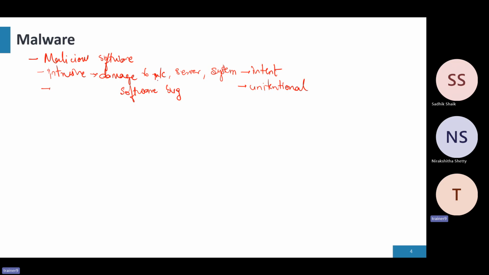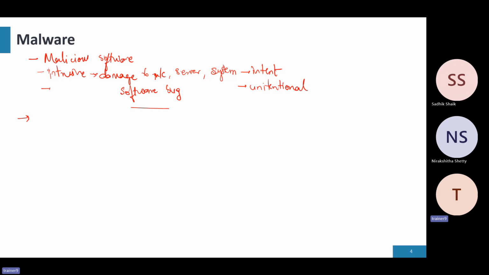That is more like your software bugs, right? So this is primarily the main difference that you'll see between software bugs and malware: here there is an intent, there there will not be intent, right? Similarly, a lot of the time malware gets confused with viruses, and with other things, right?